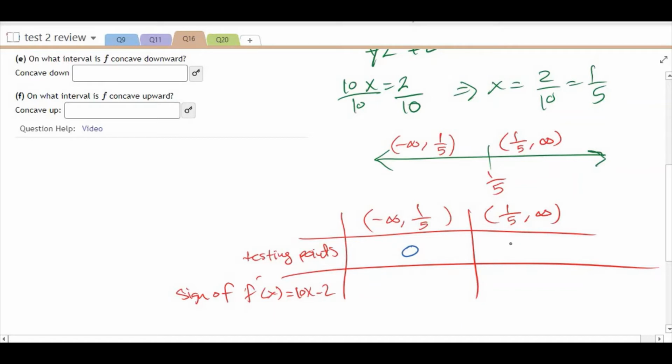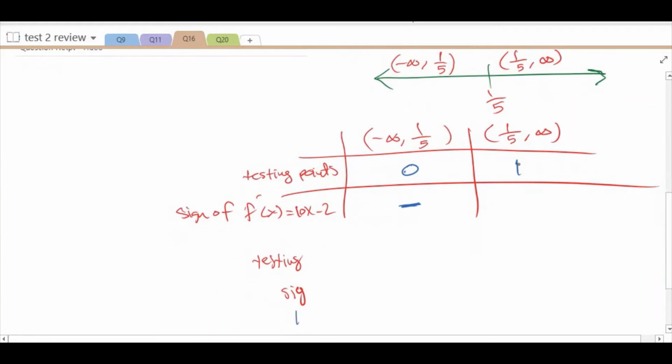The point that I can choose from 1/5 to positive infinity is 1. Now I'm going to plug these values in the first derivative and figure out the sign of the first derivative. If I plug 0 in here, I will have 10 times 0 minus 2, that is 0 minus 2, which is negative 2. So the sign is negative in this case.